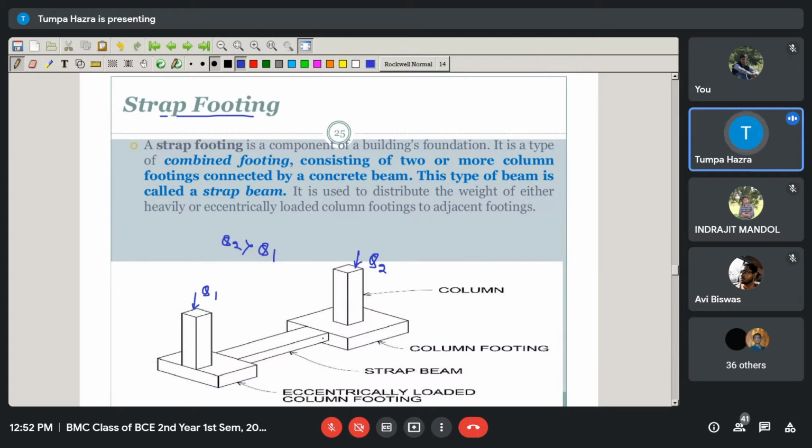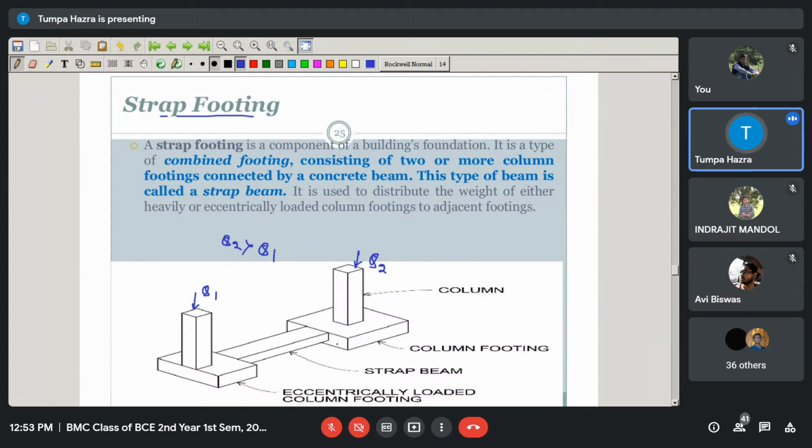It is a concentrically loaded footing with respect to the foundation, but eccentrically loaded with respect to the column, because maybe there is a boundary line here. So instead of a combined footing, two isolated footings are constructed and joined by a beam which is not in contact with the soil.